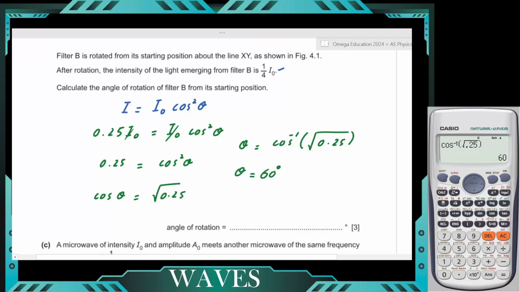Now, what is this angle theta? First of all, we need to find the angle of rotation, but what we have is the angle theta. Theta is the angle between the axis of the slit and the incident light. So now we have to find the angle for the direction of rotation.